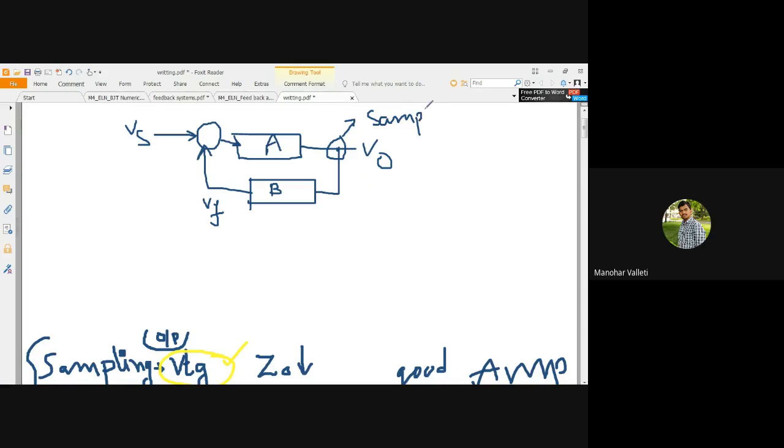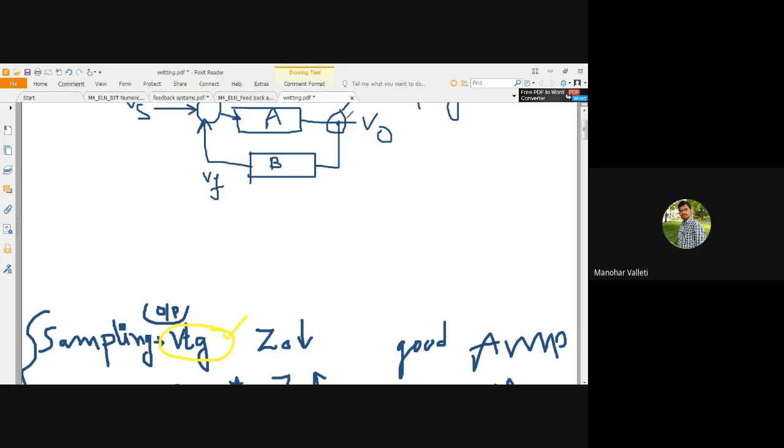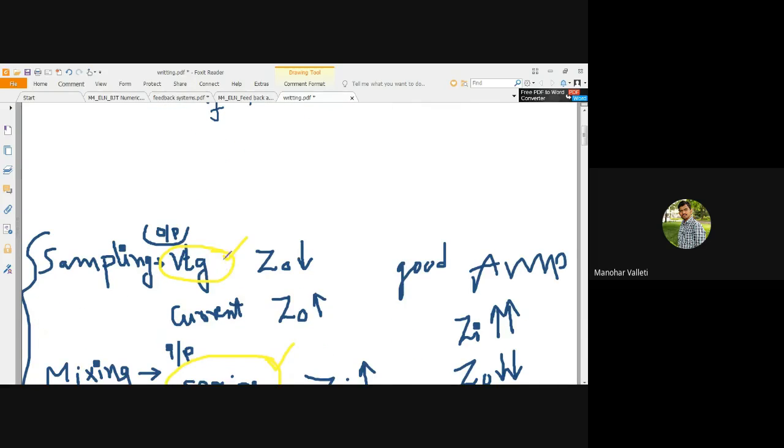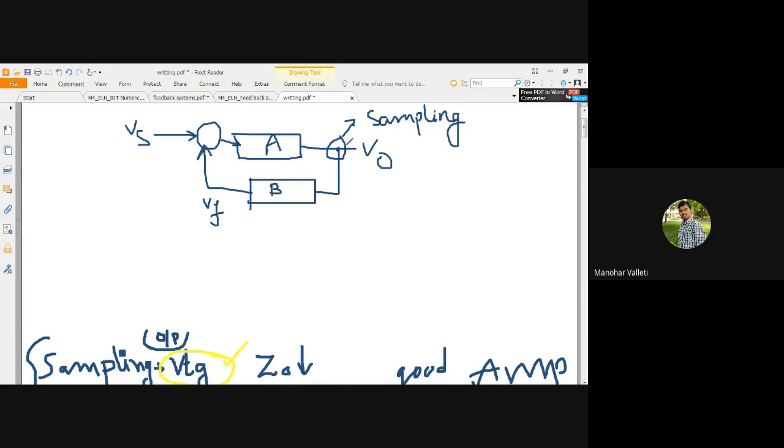Sampling means you are considering some portion of the output. That portion of the output can be voltage or current. If you consider voltage as you are taking from the output, voltage, you know, you need to consider always across the two terminals.